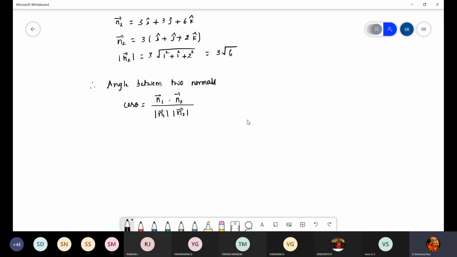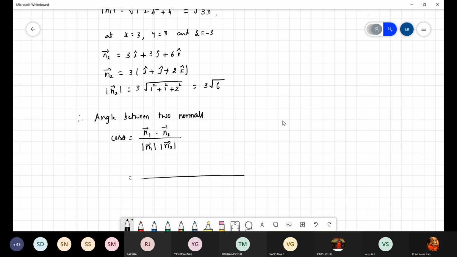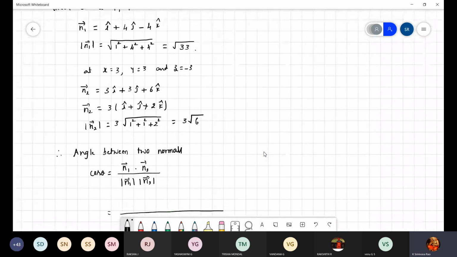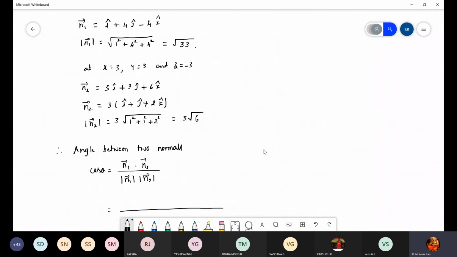Now substitute, cos theta equals. What is n1? n1 is i plus 4j cap minus 4k cap.